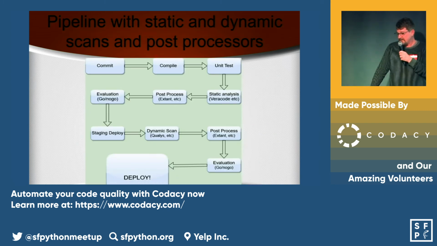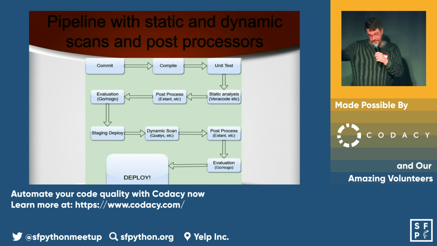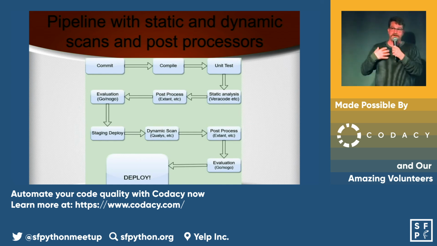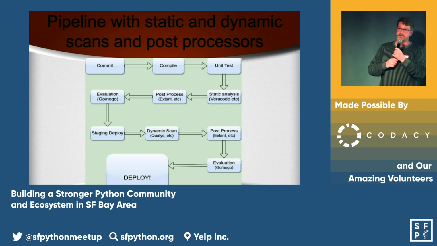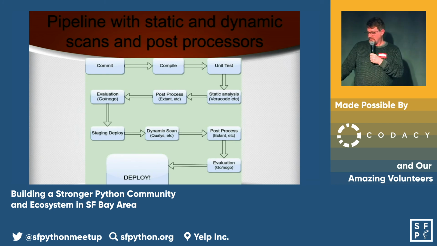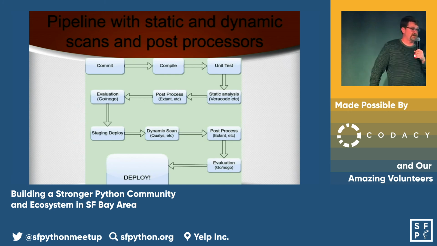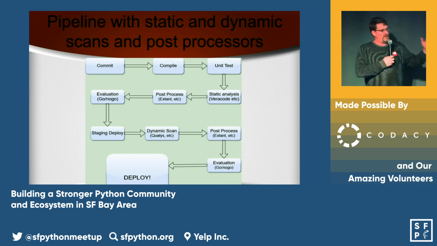So then we get to, voila, what I would consider an ideal pipeline that includes all these steps and includes dynamic scanning. Once we get to the static analysis, we would also include post-processors, anything that takes that report output. Because remember, one of the pain points is that a lot of these parallel processes of the scans happen outside of your pipeline, and there are human and manual processes to even deal with those outputs.